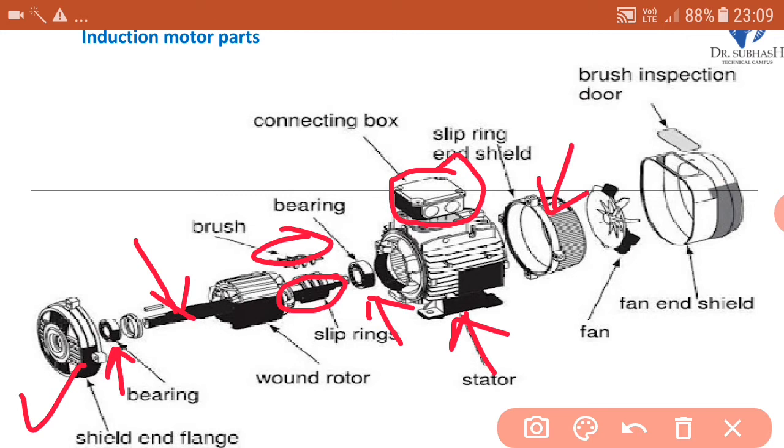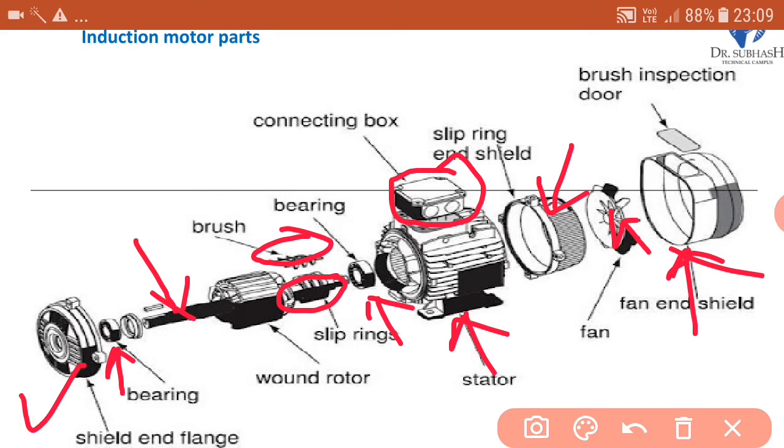And then we can see the fan. So fan cover is also there, fan and shield, because the fan is moving at the speed of the motor. It is directly connected to the shaft of the motor. So for safety purposes there should be a fan and shield.